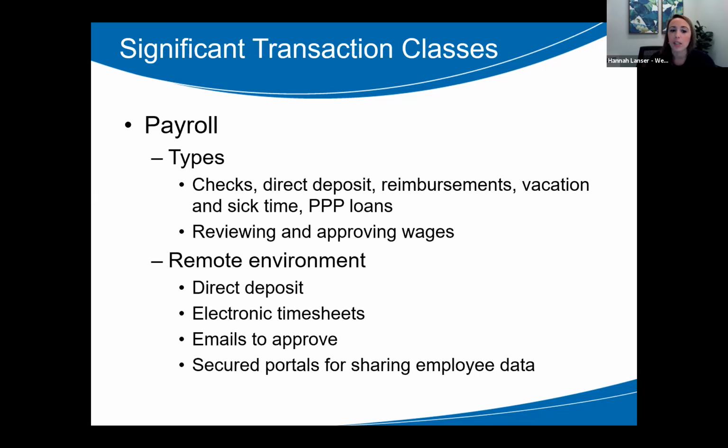Couple things to consider: electronic timesheets, email approval, but really being careful to not send sensitive employee information over email. So don't send somebody's social security number through email. Making use of platforms like ShareFile to ensure that information is still secure right now.